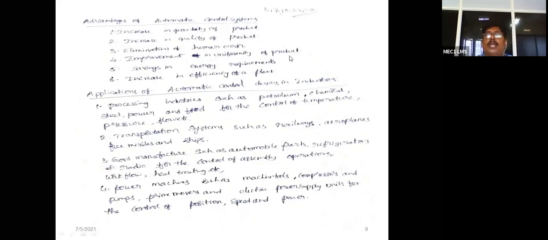It means you can manufacture the product with the same dimensions, improving that uniformity without any flexibility. And savings in energy requirements, maybe manpower, and an increase in the efficiency of the plant. Thereby we can get our desired output correctly.